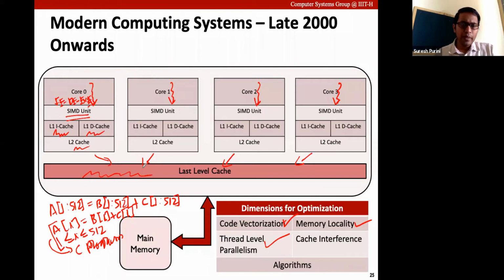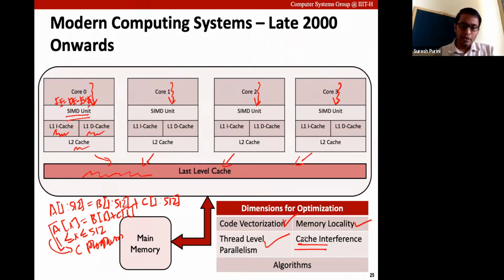But another thread running on another core can come in and displace your instructions and the data that you have fetched from the main memory. So you get into a problem called cache interference. This is a challenging problem, how we can reduce cache interference.